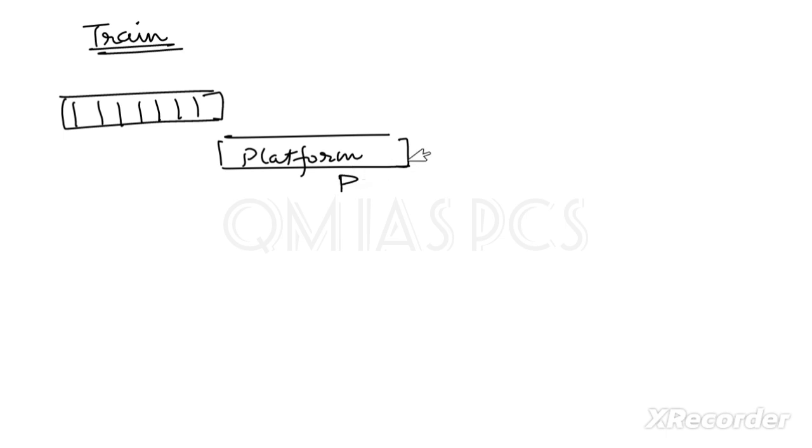I am considering p, and t for the train length. Whenever that train is passing the platform, we have to consider the distance of both.